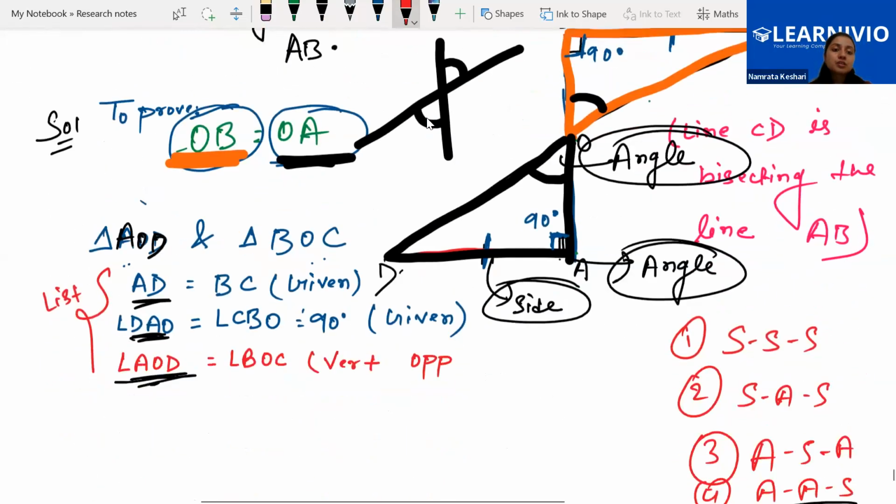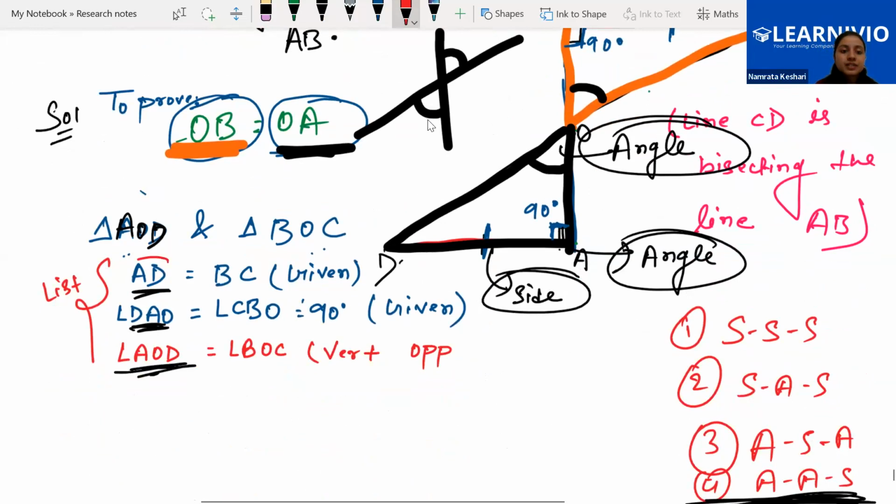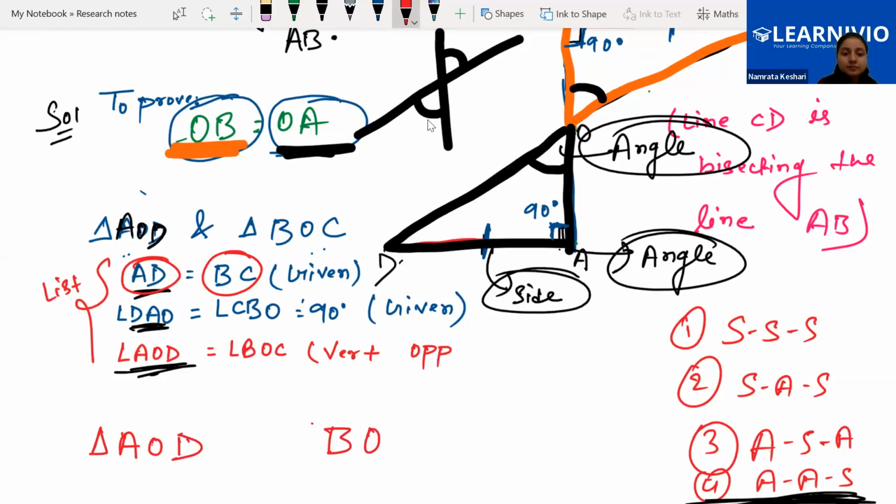Now we will focus. Side AD and side BC are the same, so while writing AOD and BOC, we will be careful. AD and BC, we must write in the same manner. Yes, we have written it properly.